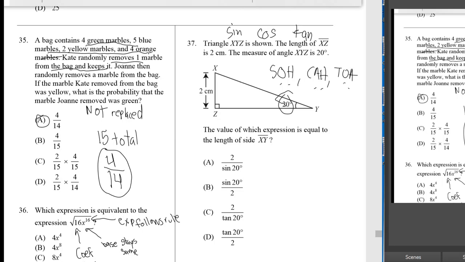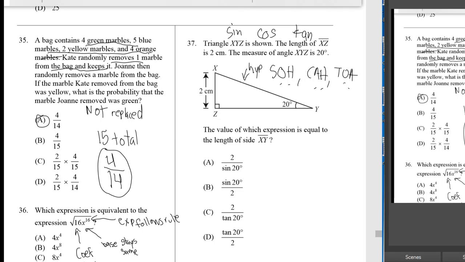So triangle XYZ is shown. The length of XZ is 2 centimeters. The measure of angle XYZ is 20 degrees. Find which expression is equal to the side length of XY. First, let's understand that the side opposite the right angle is always the hypotenuse.